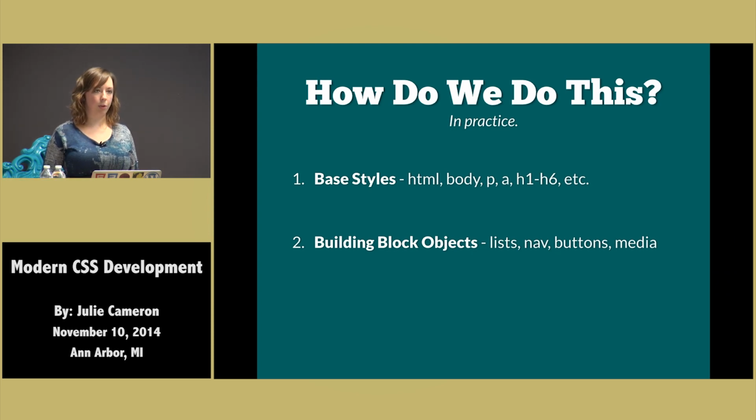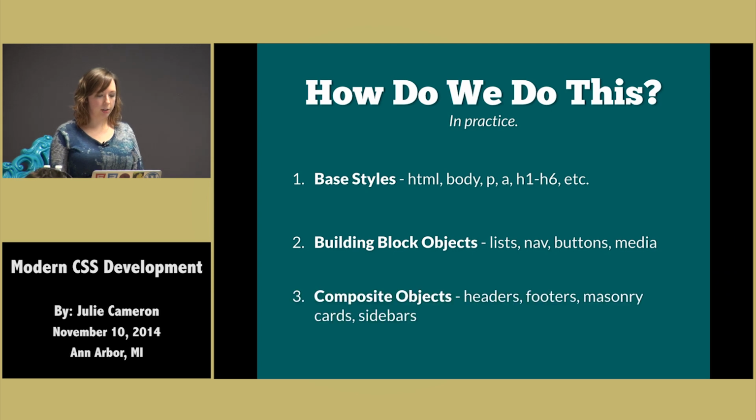Very simple things that are very reusable and plug and play. And then the third piece would be to move on to larger composite objects, things like headers and footers, that pull in all of these smaller building blocks, maybe even some of these base elements, into one whole component.